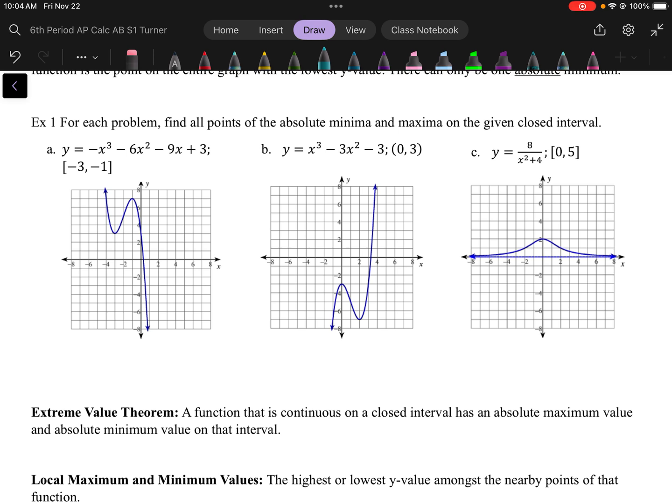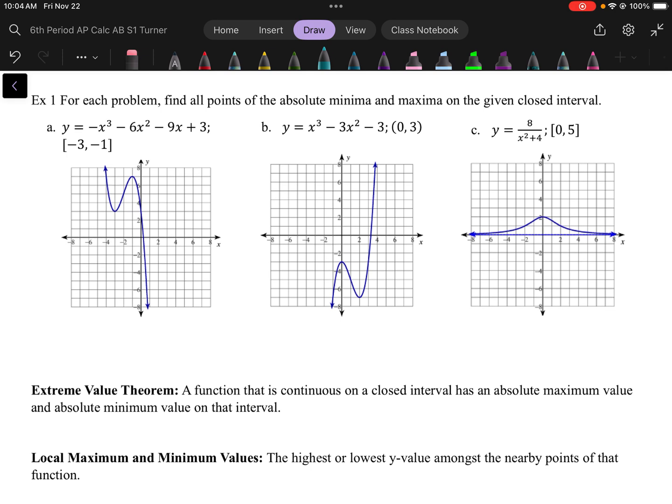So as we take a look at these, for instance, on example 1a, if I'm looking for the absolute max, I'm trying to figure out within that graph what those values are. And we are being given the range of values we're looking within.